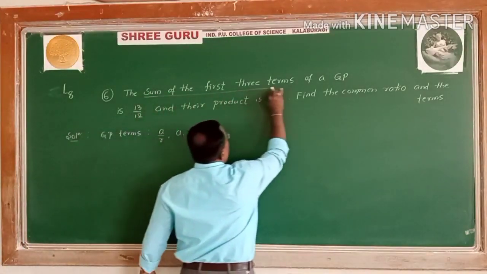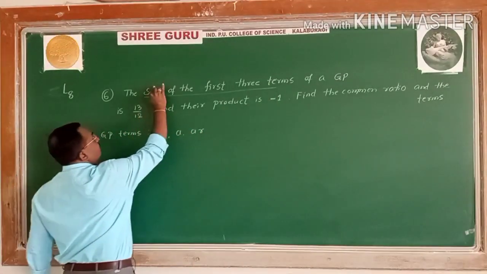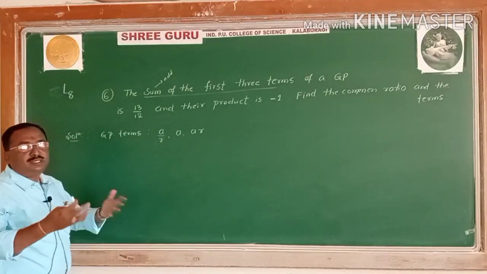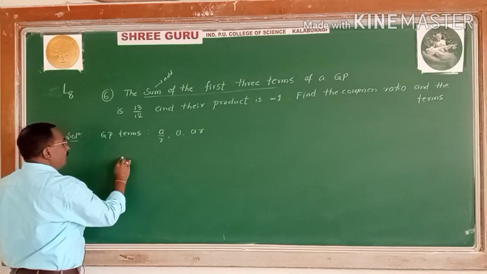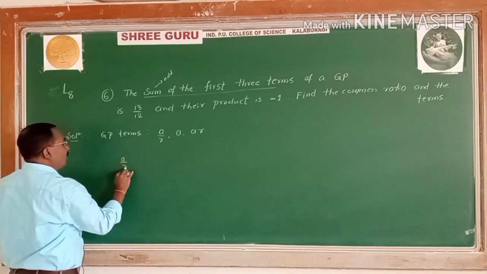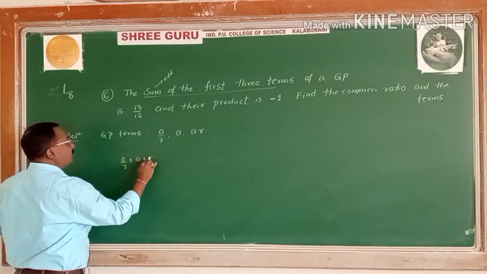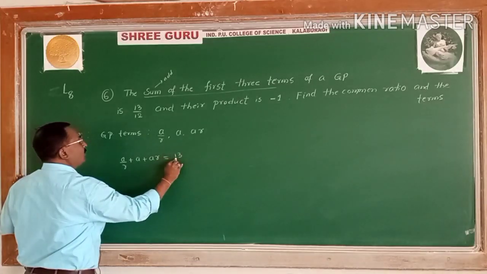First three terms, sum means add. This sum means add, not that is Sn. Sum means add. Here that is A by R plus A plus AR. Sum should be 13 by 12.